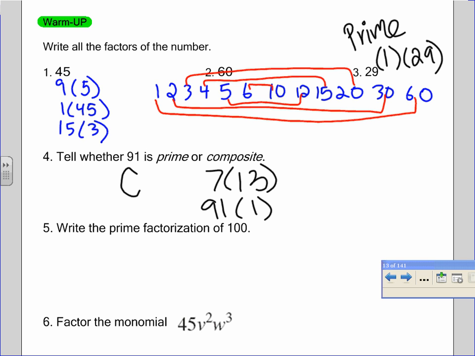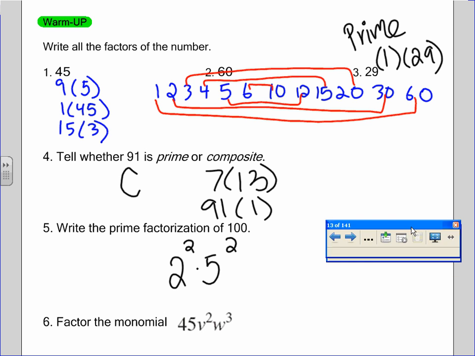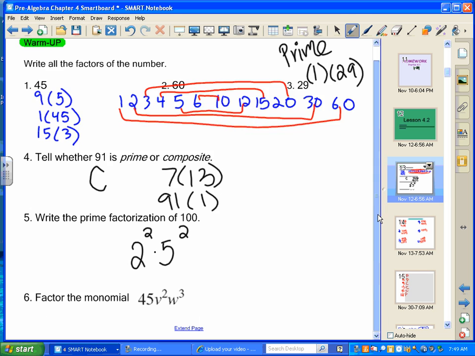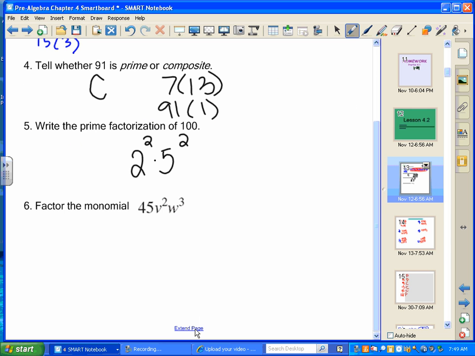Okay, number 5, Justin, prime factorization of 100. Good. 2 squared times 5 squared. And then the number 6 we did not get into very much yesterday. We're going to do more today, but I want to see how you did. We need the prime factorization of the monomial. Emma H. Good.